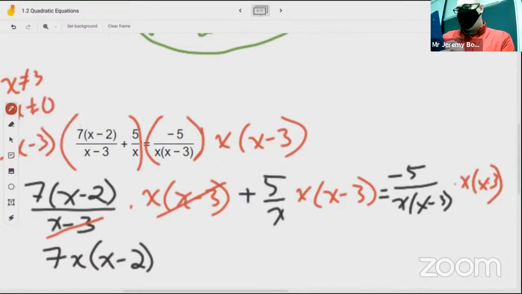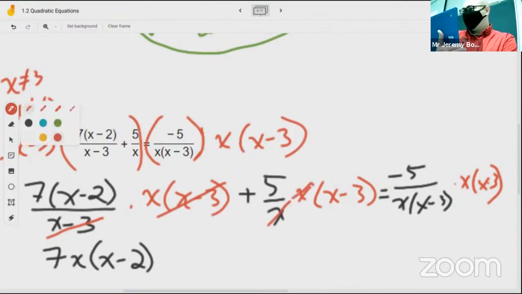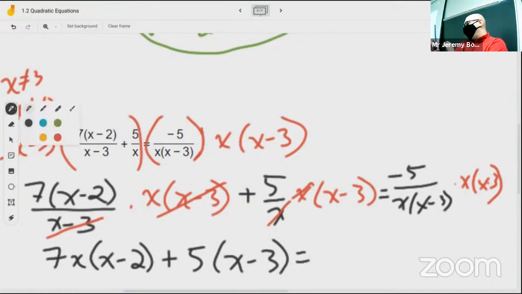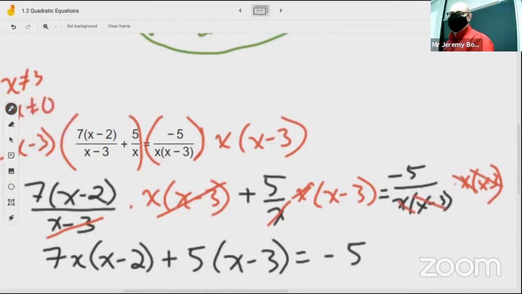This x and this x will reduce, and so we're left with plus 5 times x minus 3, which we're going to have to distribute. And on the right-hand side, that works out nice there. The x reduces with the x, the x minus 3 reduces with x minus 3, and we are left with negative 5.